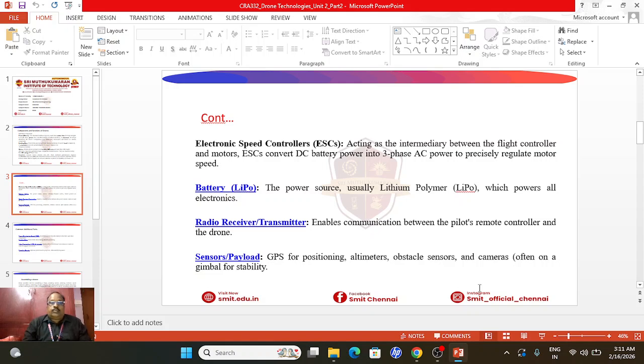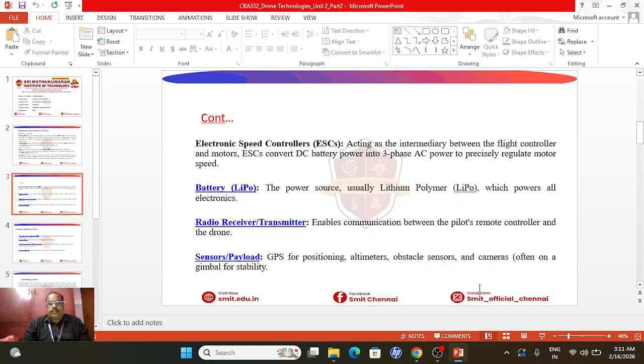Battery, such as lithium polymer, is the power source which powers all the electronic components, and the radio receiver and transmitter enable communication between the pilot's remote controller and the drone.